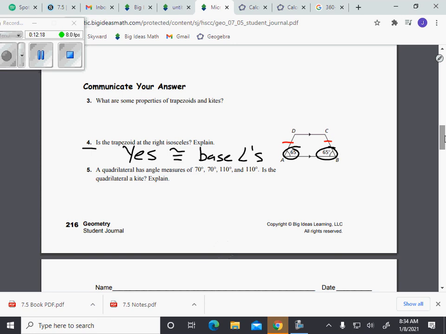Number 5 says a quadrilateral has angle measures of 70 degrees, 110, and 110. Is the quadrilateral a kite? Explain. No, right? Why?